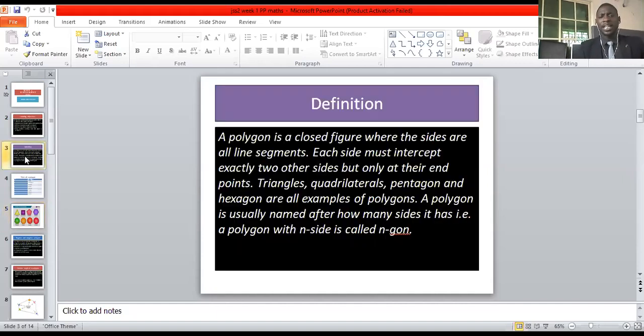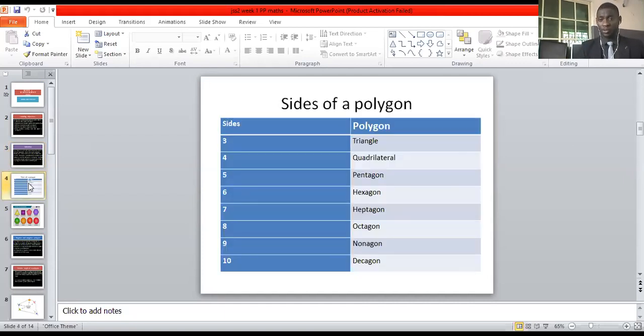It's saying a polygon is usually named after how many sides it has. That is, the number of sides of a polygon determines the name of that polygon. Look at the triangle, it has 3 sides, a quadrilateral has 4 sides, and a pentagon has 5 sides.